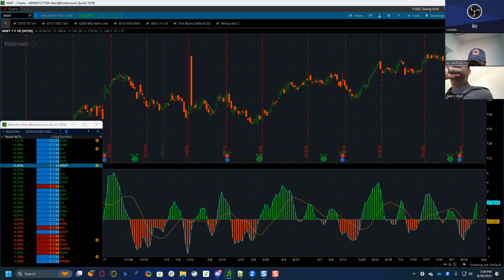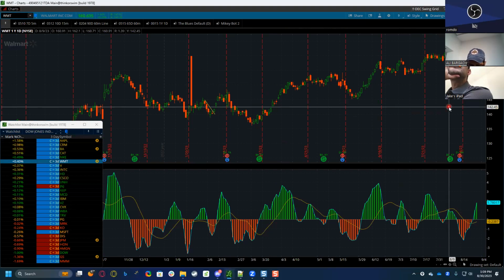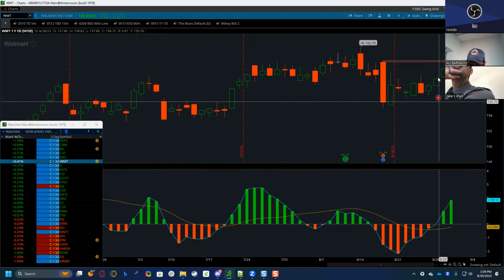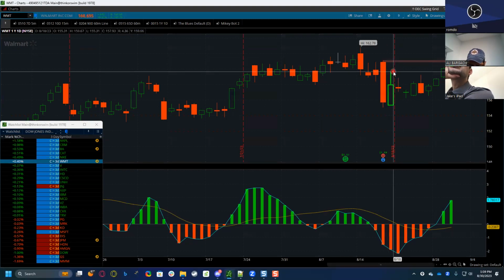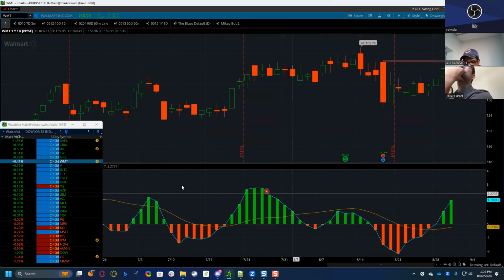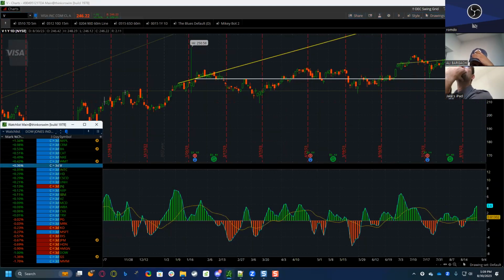Everything is there. The momentum, the trend, everything except that breakover. So let's get above that red bar, then we can talk. Yeah, even the 310 is showing bullish divergence. All right, that brings us into Visa.